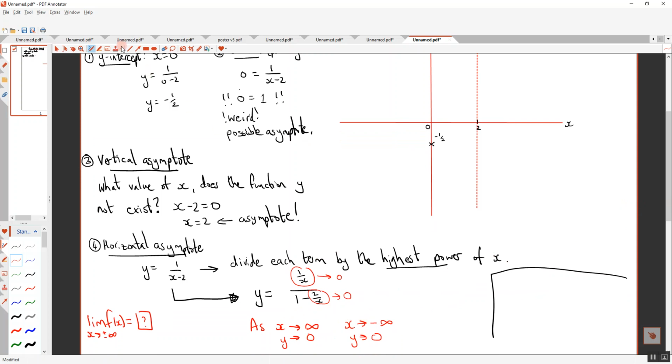So my second asymptote is on the line. My horizontal asymptote is, anyone? y equals 0.